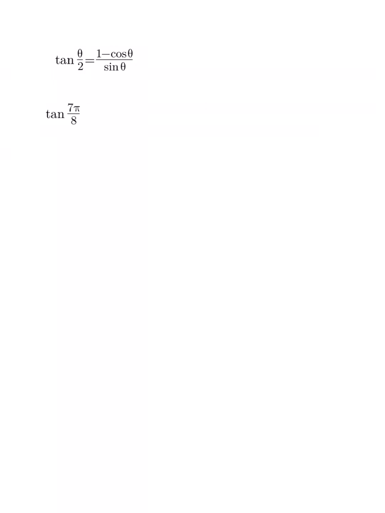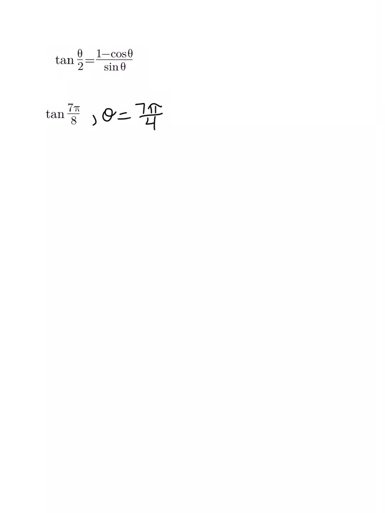For the third version of the tangent of theta over 2, we're going to use 1 minus cosine theta over sine theta. On this version, there is no plus or minus, so we don't have to worry about that. The only thing we have to think about is that we already said that theta is going to be 7 pi over 4.